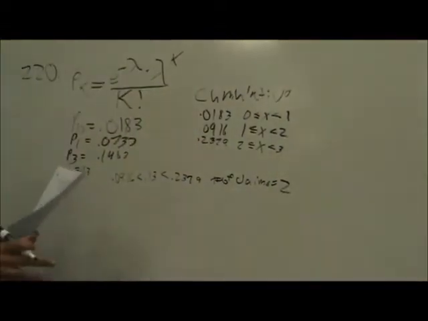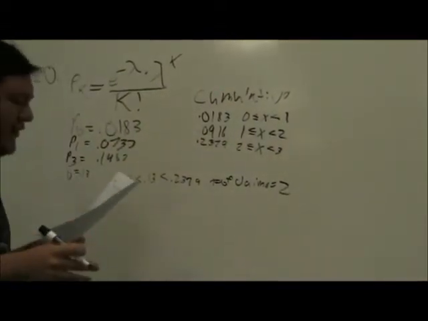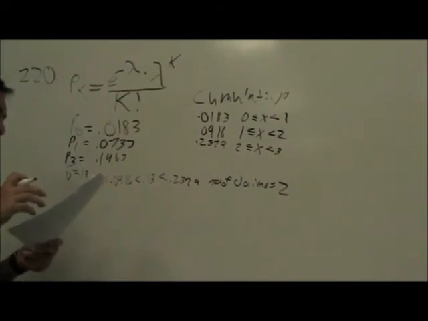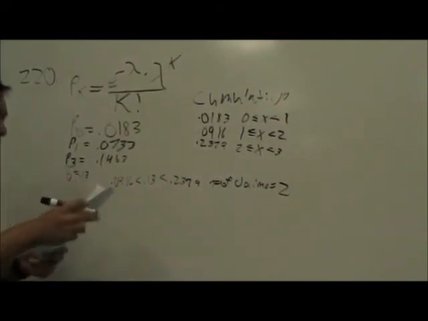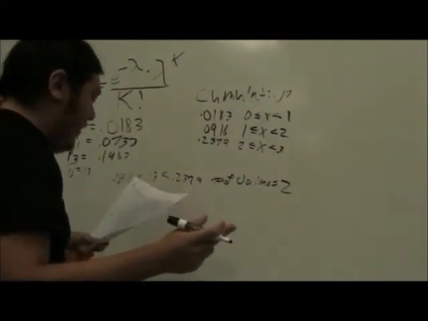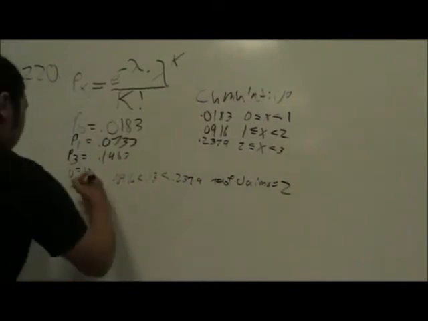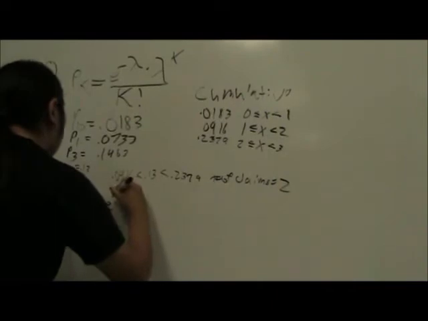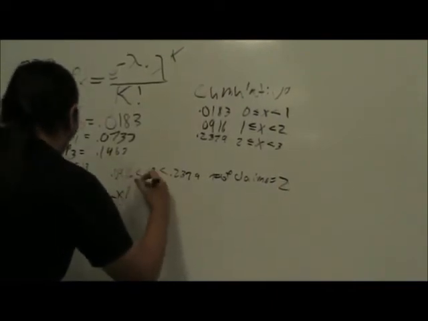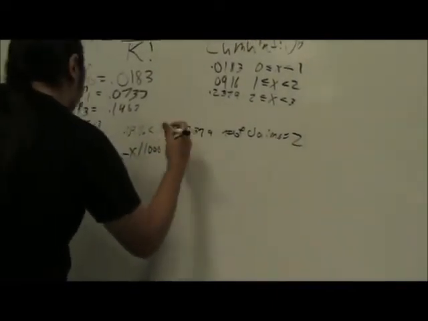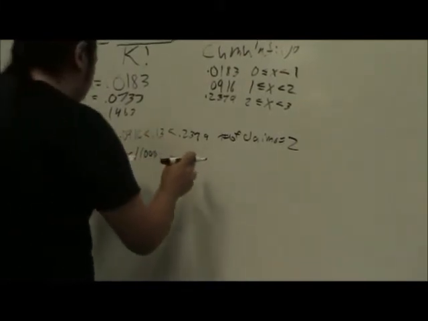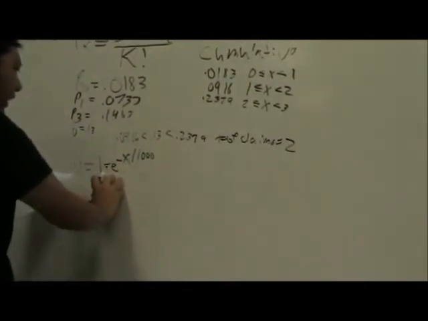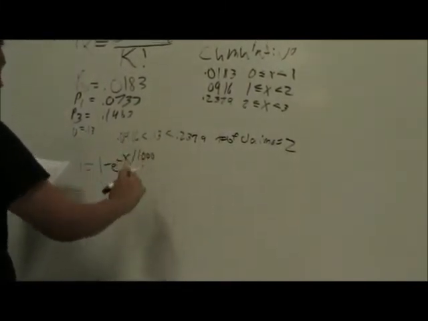And now you can simulate what the actual losses are for each claim. You simulate 2 of those. Using the inversion method, you get u is equal to 1 minus e to the negative x over 1,000, which is the mean. And you solve this for x, and this is the exponential distribution.